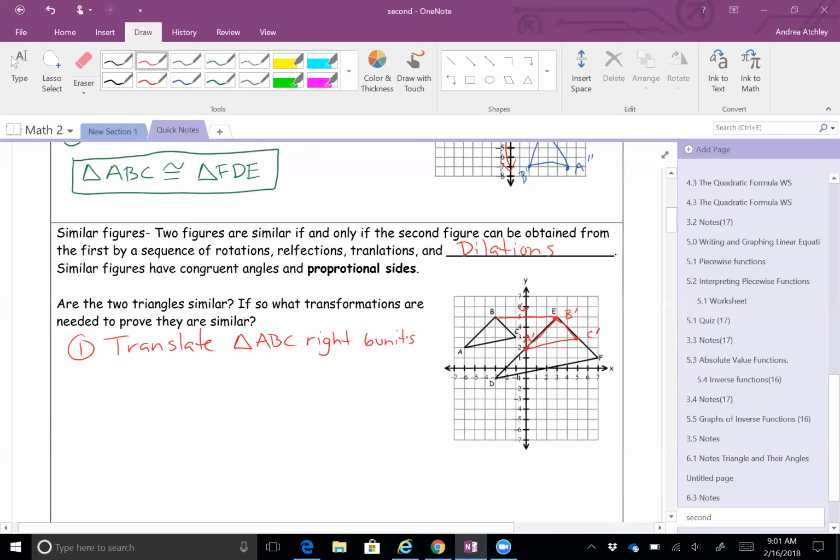You kind of want them to have a common vertex, a common angle, because you want to put them on top of each other at first, and then that's an easy way to dilate it from there. You want to put them over each other so they have a common vertex, because then you can have the point of dilation.